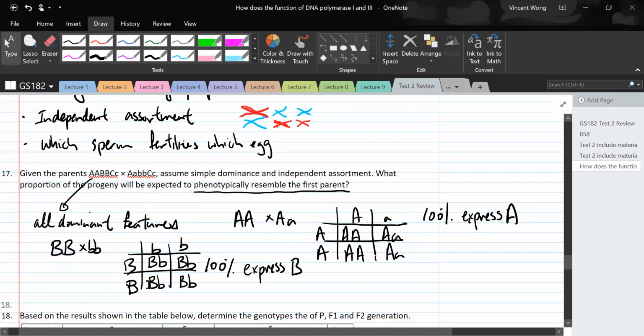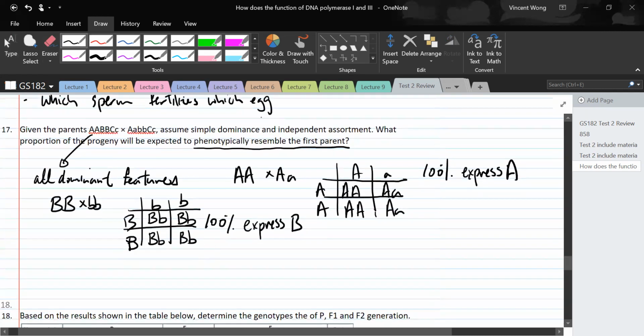Now there's one more trait to look at. Big C, big C, big C, small c, cross big C, small c.